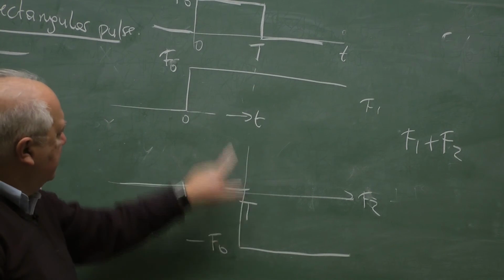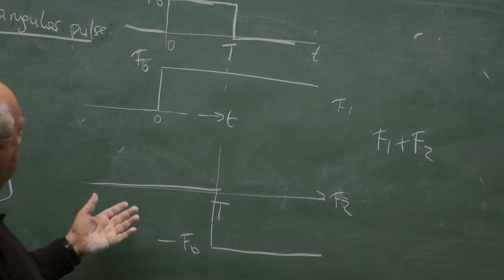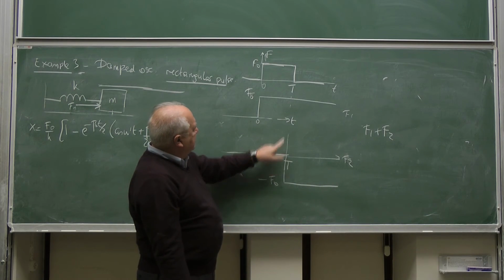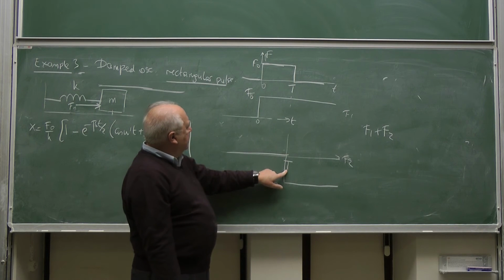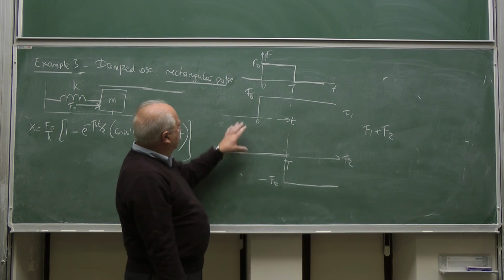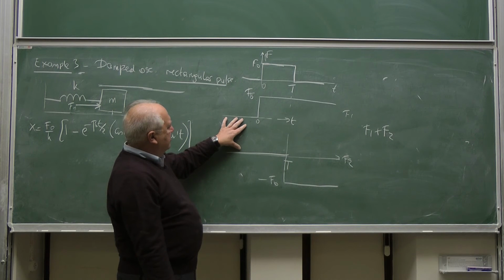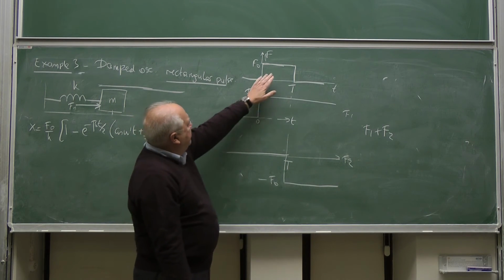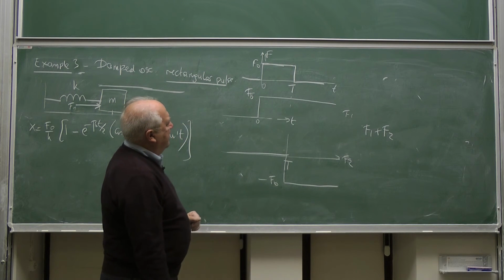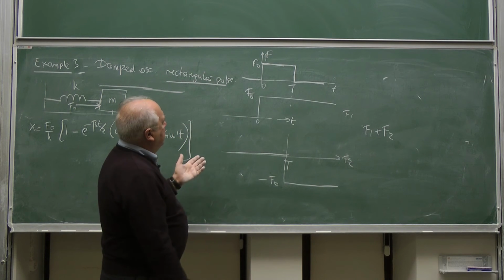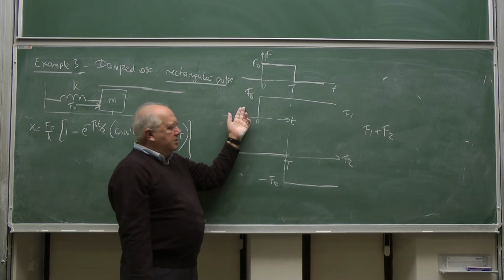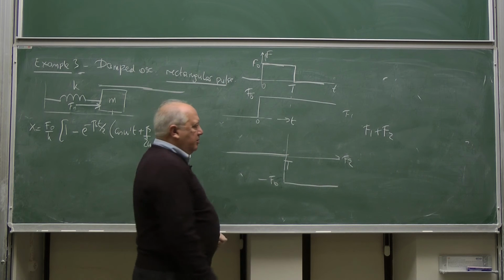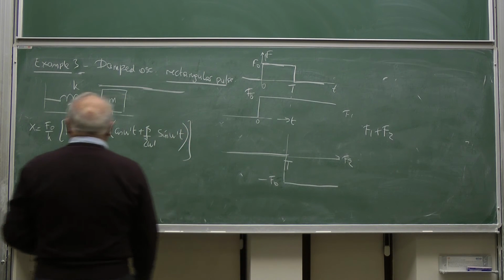But let us remember these shapes. If you add them up, it cancels for times after capital T, and before time 0 there is no force. So if you just add them, you get the rectangular pulse. We have solved it for a constant force. This is also a constant force. So we can use superposition.